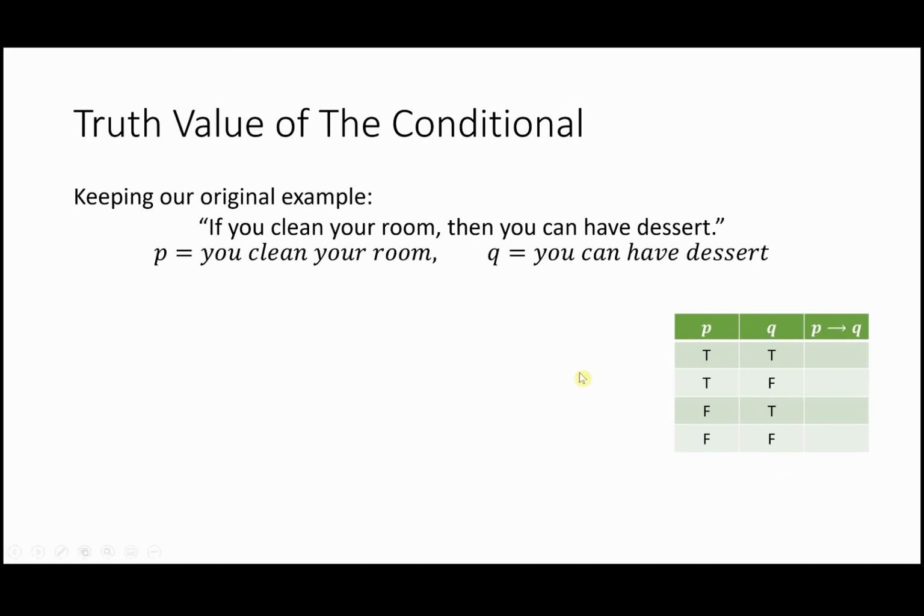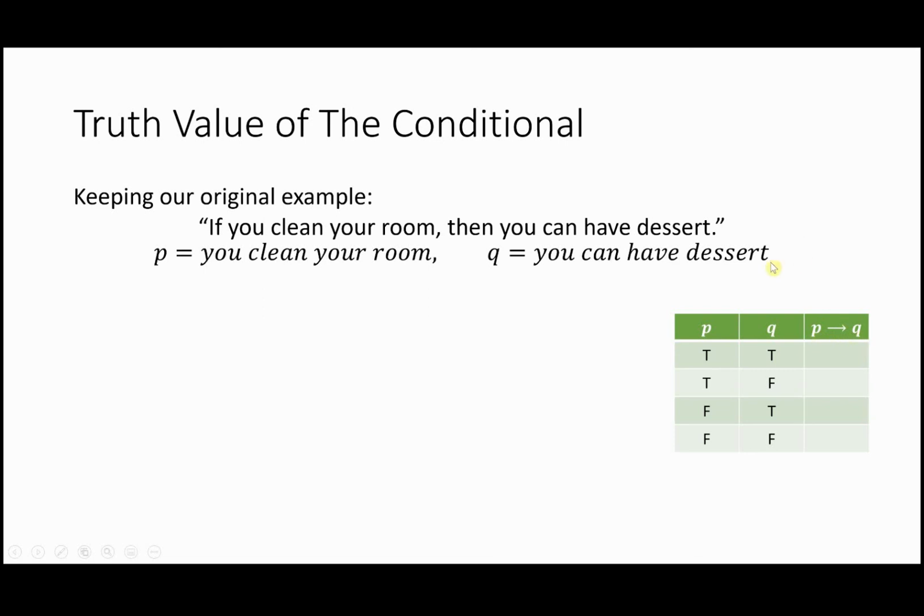So what you would do in this case is go through each of the four cases individually in order to determine the appropriate truth value for the last column, the if P then Q, or P implies Q. There are lots of different ways, and we'll talk about those related statements in just a moment, to verbally describe this conditional statement, symbolically depicted with the arrow going from P and pointing to Q.